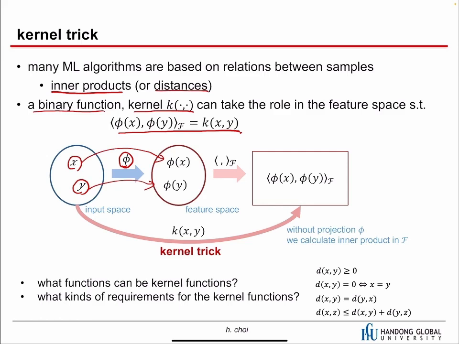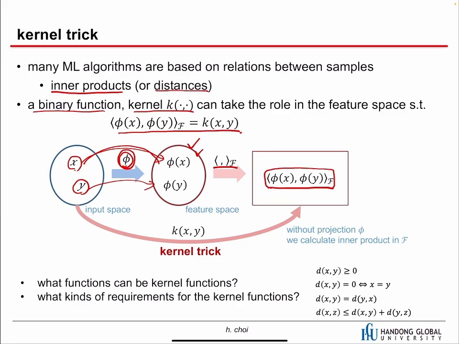Okay, so now let's assume that inner product defines the relationship between the data samples. Okay, so since we transformed these samples to the feature space, now what we need is an inner product in this feature space. So after mapping based on the phi, then we have to apply the inner product. So then what we need is inner product in the feature space. Okay, and this one is actually a scalar.